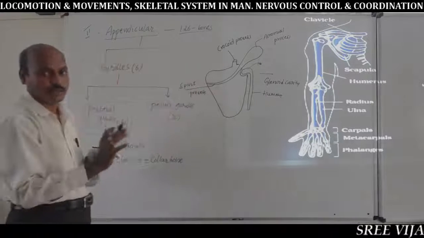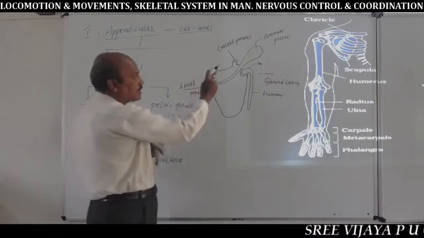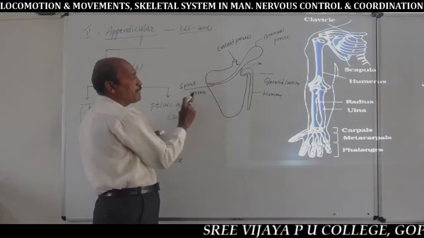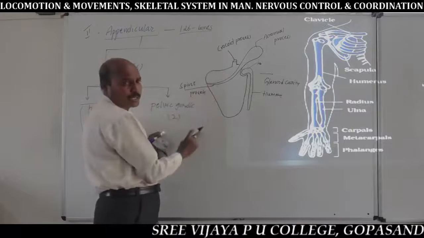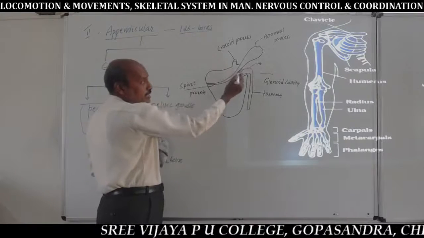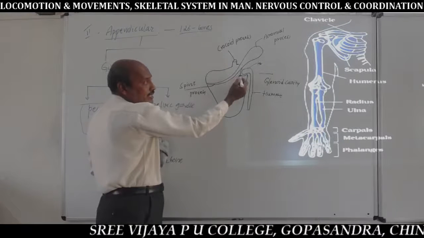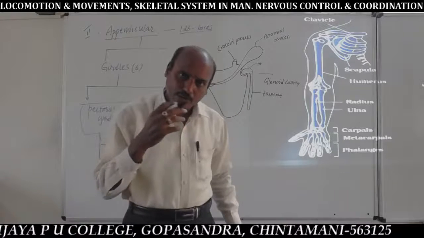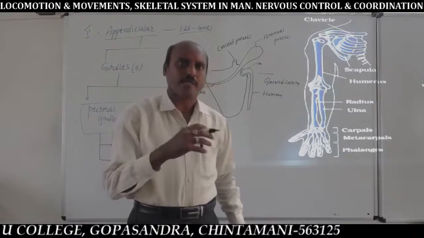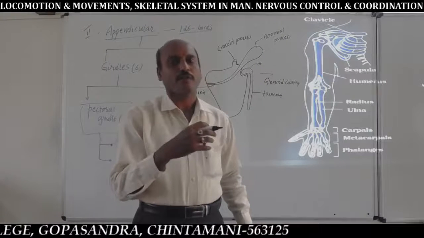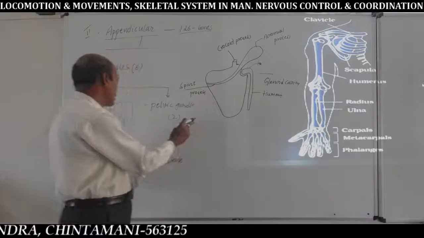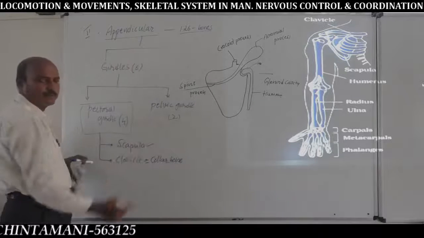So totally, the scapular bone consists of three processes: coracoid process, spiny process, and acromial process. Below the acromial process is a deep cavity called the glenoid cavity. Into the glenoid cavity, the head of the humerus bone articulates, meaning it is fixed in the form of a ball and socket joint. This is the structure of a scapular bone.